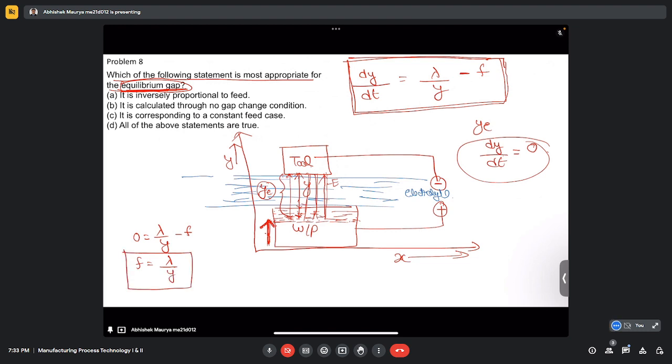So the y which we will get here is nothing but the equilibrium value, or we can say ye is equal to lambda by f. So this is the equilibrium gap, and that is equal to this constant divided by feed.